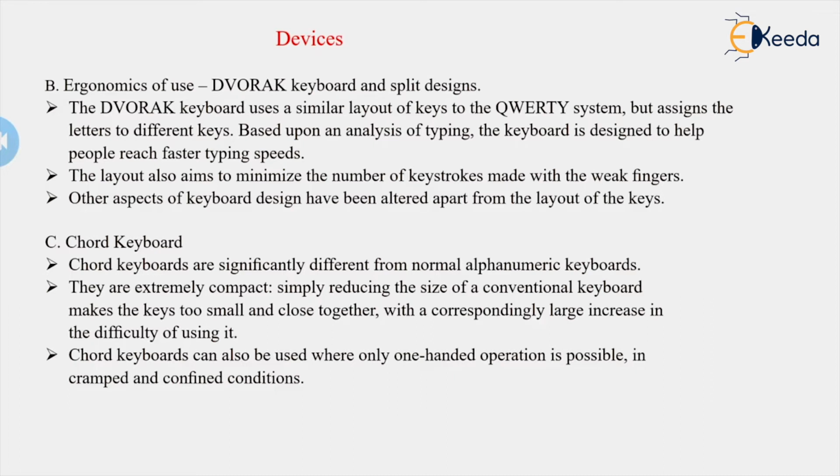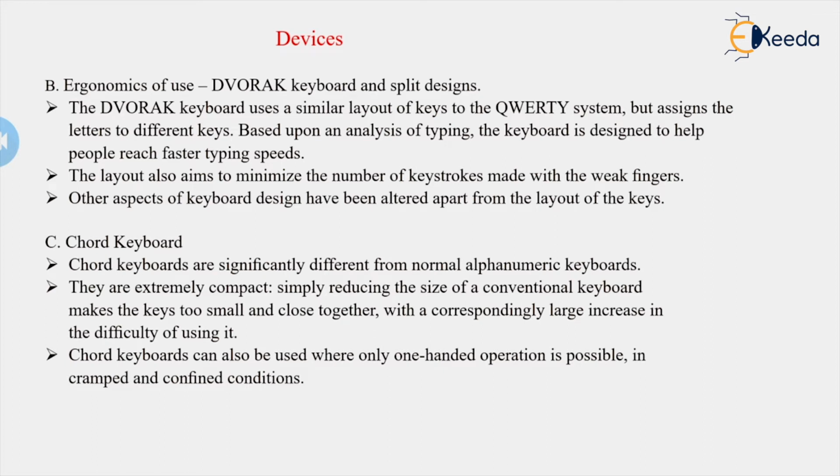Earlier there was the Dvorak keyboard and the split designs. The Dvorak layout is similar to the QWERTY system in its keys. I think the BlackBerry cell phone used a Dvorak keyboard, but it assigns the letters to different keys. Based on analysis of typing, the keyboard was designed to help people reach faster typing speed, and it was biased towards right-handed people, as 56% of keystrokes are made with the right hand.